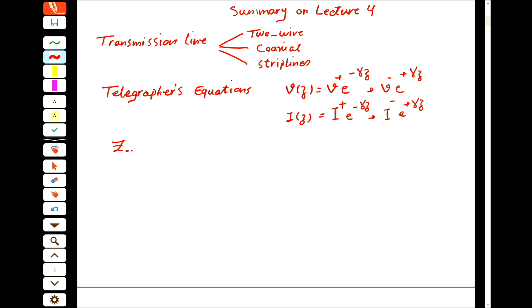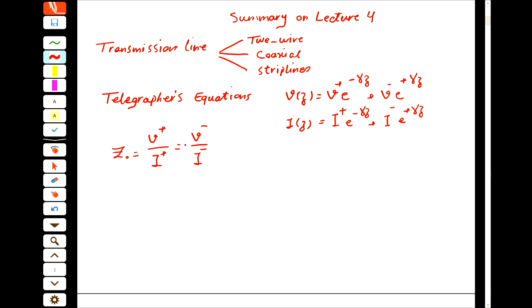This Z naught equals V plus divided by I plus, or it is V minus divided by I minus, with a minus sign actually.